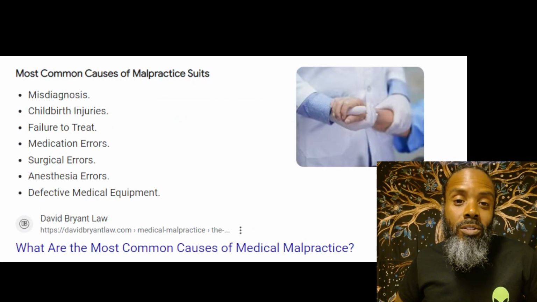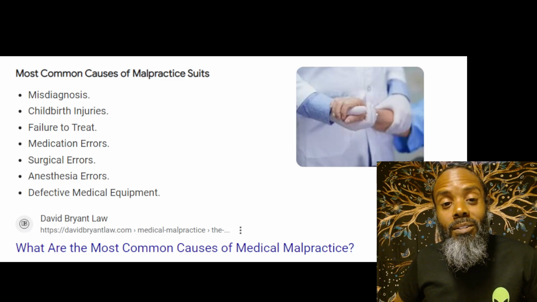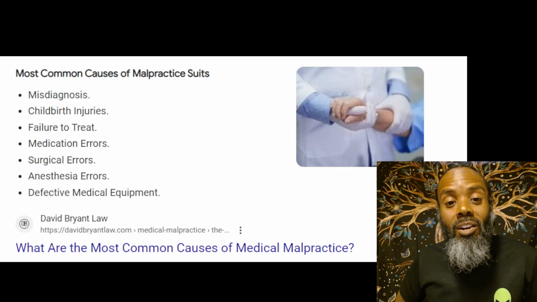Most common causes of malpractice suits: misdiagnosis, childbirth injuries, failure to treat, medication errors, surgical errors, anesthesia errors, and defective medical equipment.